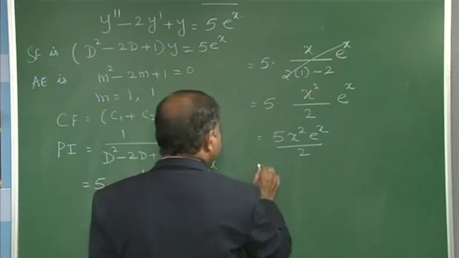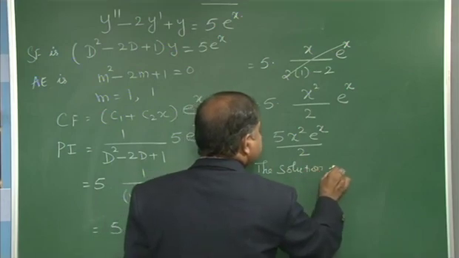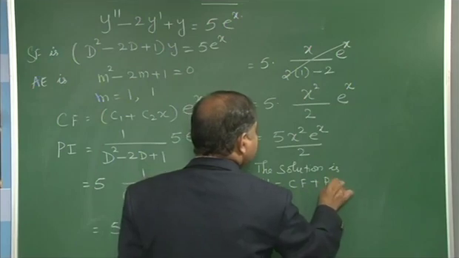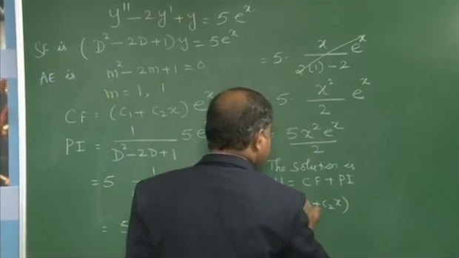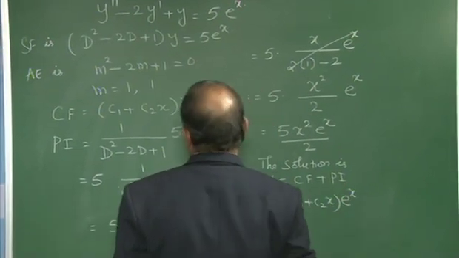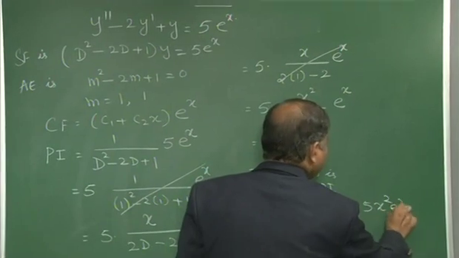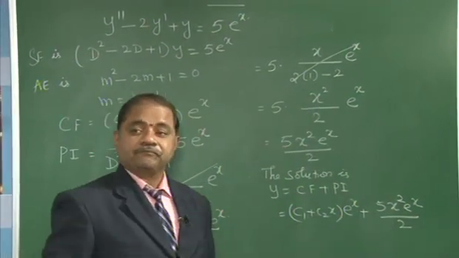Therefore the solution is y equals CF plus PI, here with repeated roots, C1 plus C2 x into e power x plus 5 x squared e power x by 2. That is the solution.